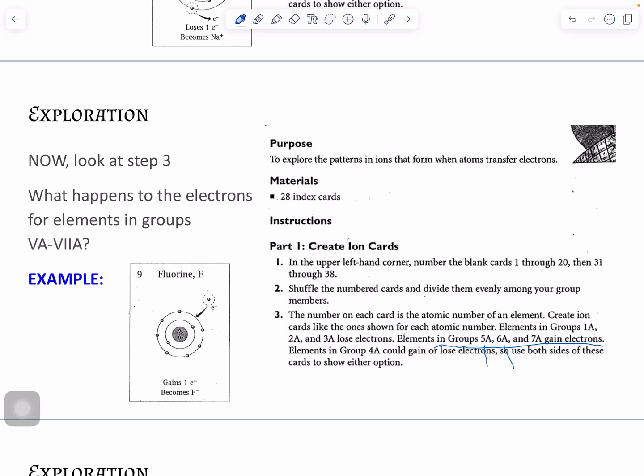Group 6, they're going to gain 2. And group 7, they're going to gain 1, because 5 plus 3 is 8, 6 plus 2 is 8, 7 plus 1 is 8. So you're going to make these cards and talk about what they gain and then what the charge is.